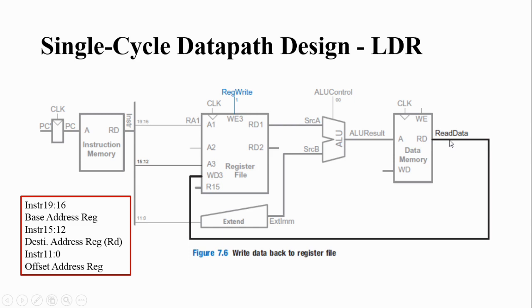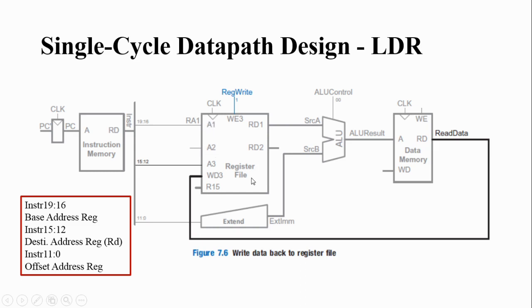So what I told in LDR, you are reading from data memory, you are writing to a destination register. How will you configure the destination register? It should be configured using A3, 4 bits of A3. That is bit number 12 to 15 is used for configuring destination register RD. So by using these 4 bits, what you are giving to A3, you can configure the register for write operation. If you are using A1 and A2, you are configuring the register for read operation, right?